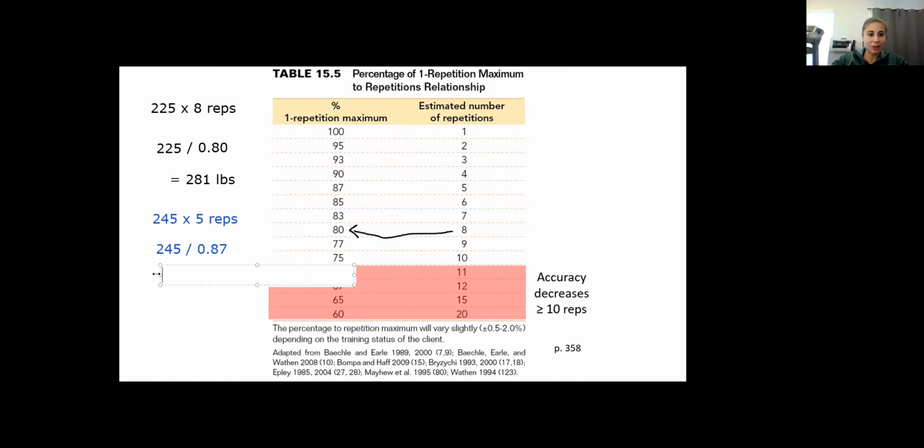Yeah, 281, so actually the same. 281.6, we can round up to 282. Awesome. So doing those different rep schemes, we get the same predicted 1 rep max. That's funny how that works.